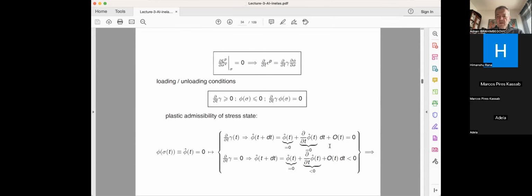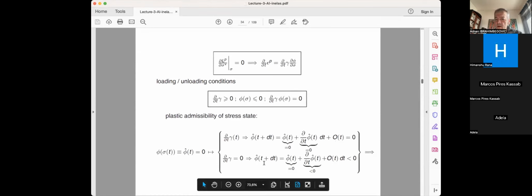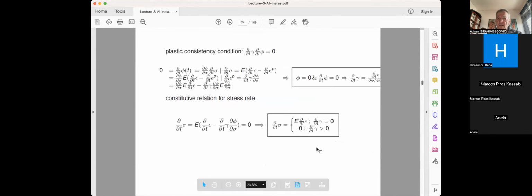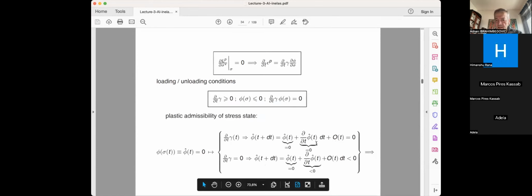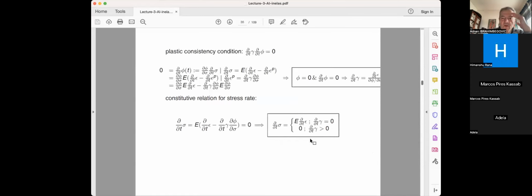So one possibility is that phi of t plus dt is equal to 0, in which case I know I'm still plastic. Or there's another possibility where phi of t plus dt is negative, in which case I know that it is actually unloading. What is of interest to me is the first case, where I'm still plastic, because in that case I will have to see what this gamma dot should be.